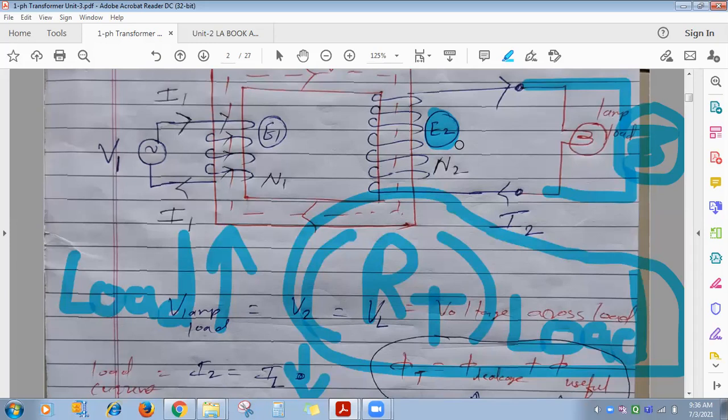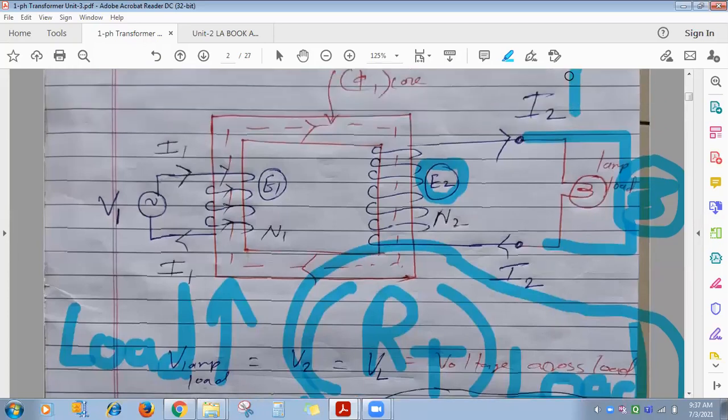So E2 is constant on the secondary, and as you increase the load, the total load resistance decreases. What will happen with the current I2? Voltage E2 is constant, so current will increase. Very good. Current will increase. Got it? Is this clear to everyone?